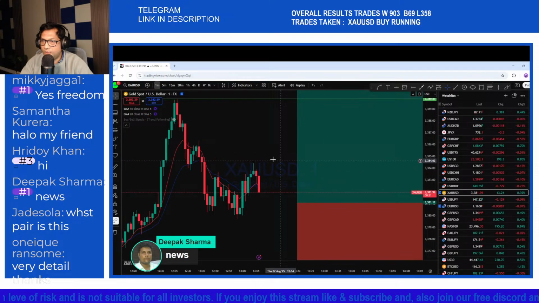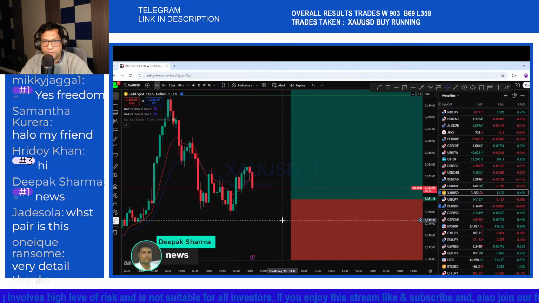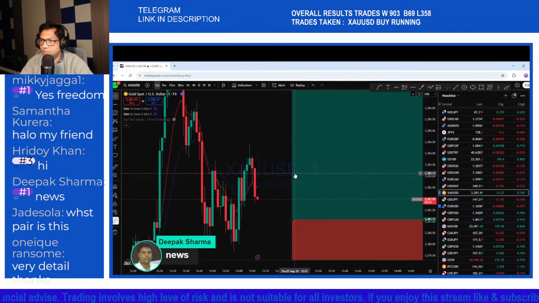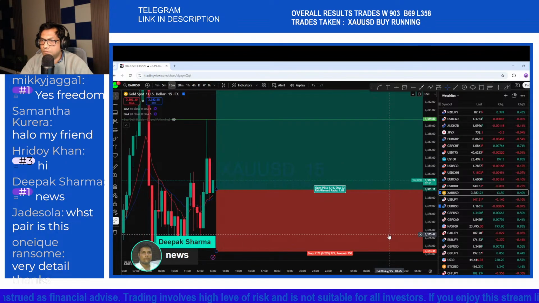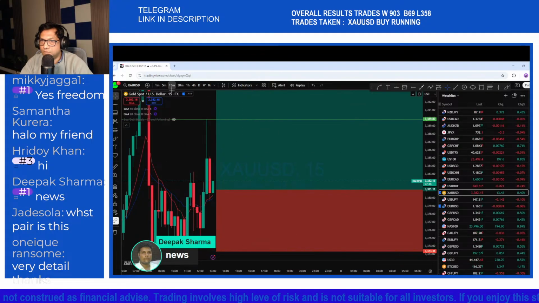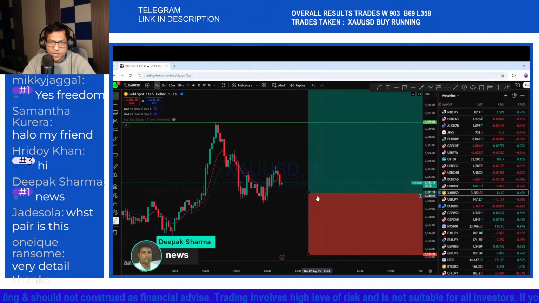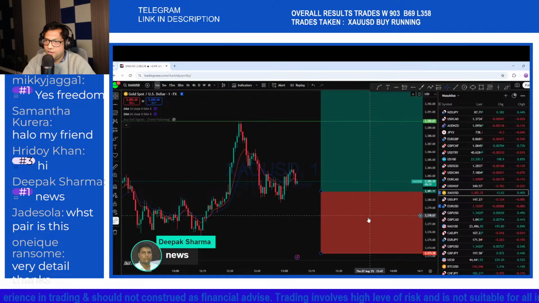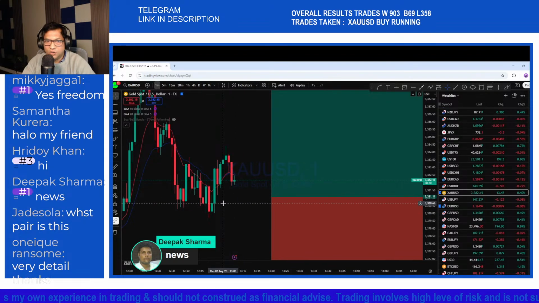The market is trying to break that low. We are still running this trade, and on this 1 minute price action I was expecting it to break that high. But if it is not going back to the upside, we might see the price test again here, which is the entry.